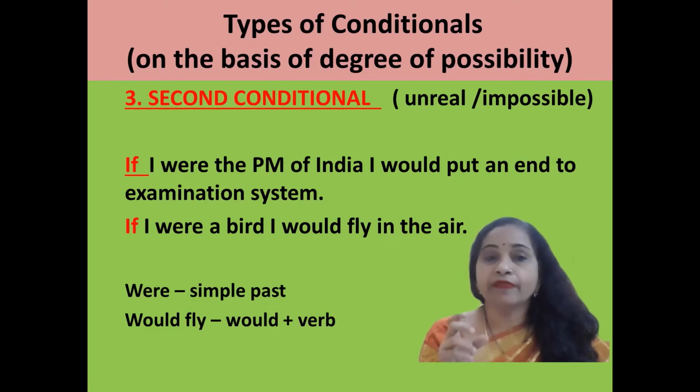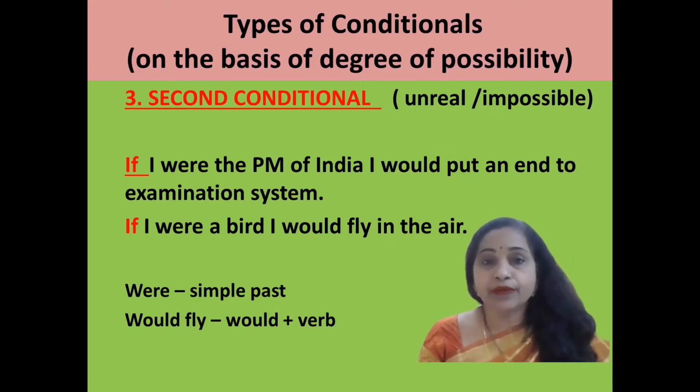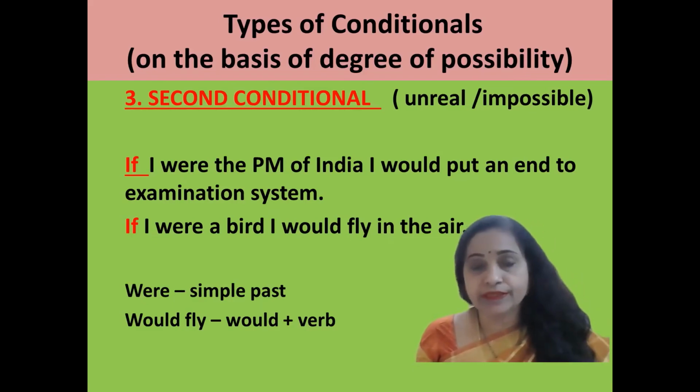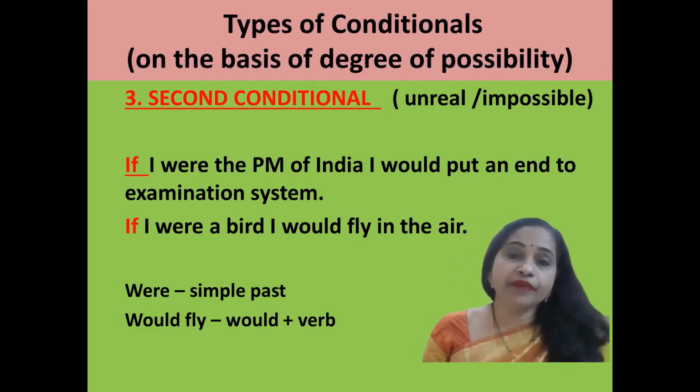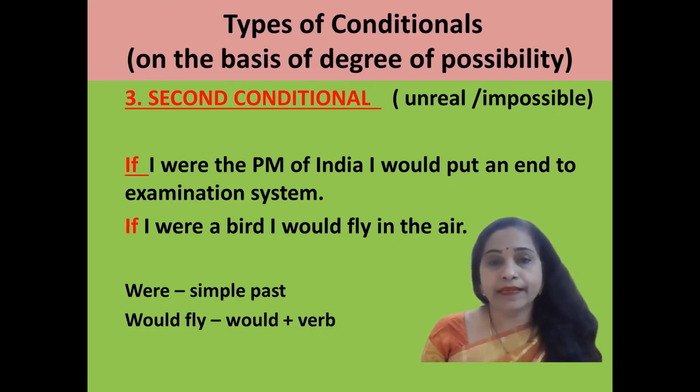If you see the first, the if clause, the verb is in past tense, were. And all of you please remember, you cannot use the singular verb was. If I was a bird, if I was a prime minister, it is incorrect. You have to use only the plural form of the past tense, were.